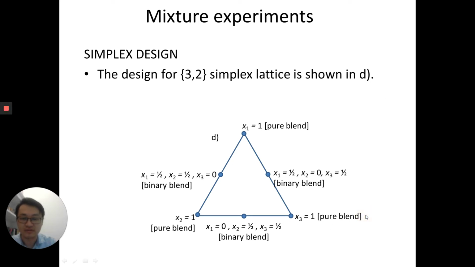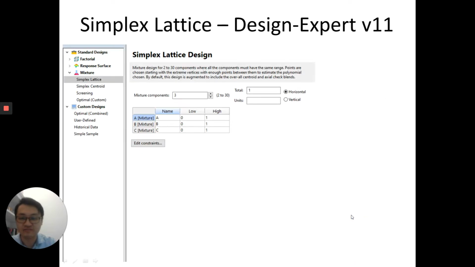So if you go to the design, you can actually pick the same compositions where the mixture components, which is P equal to 3, okay, and then you have the total which is 1 or 100%.